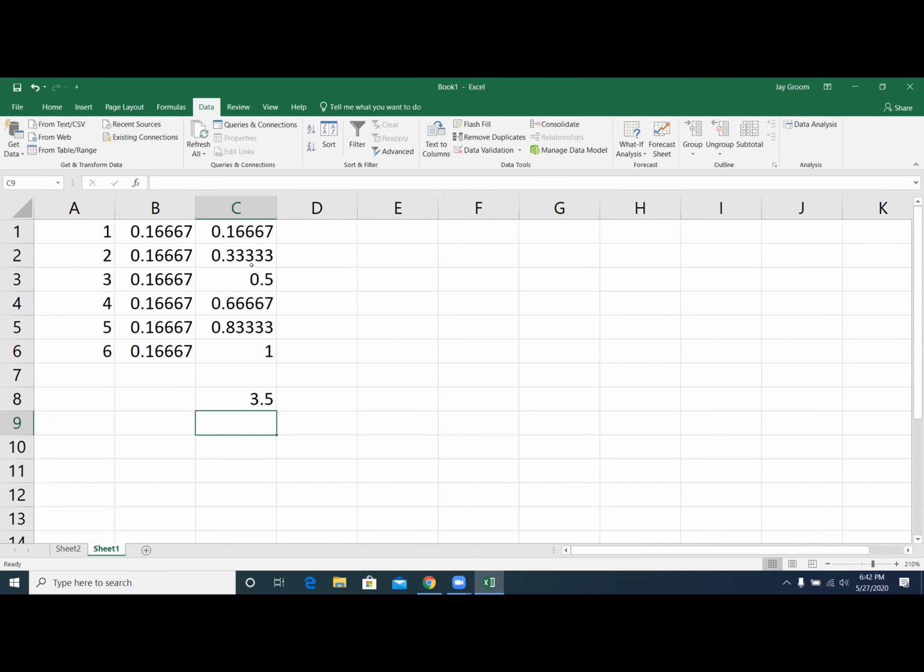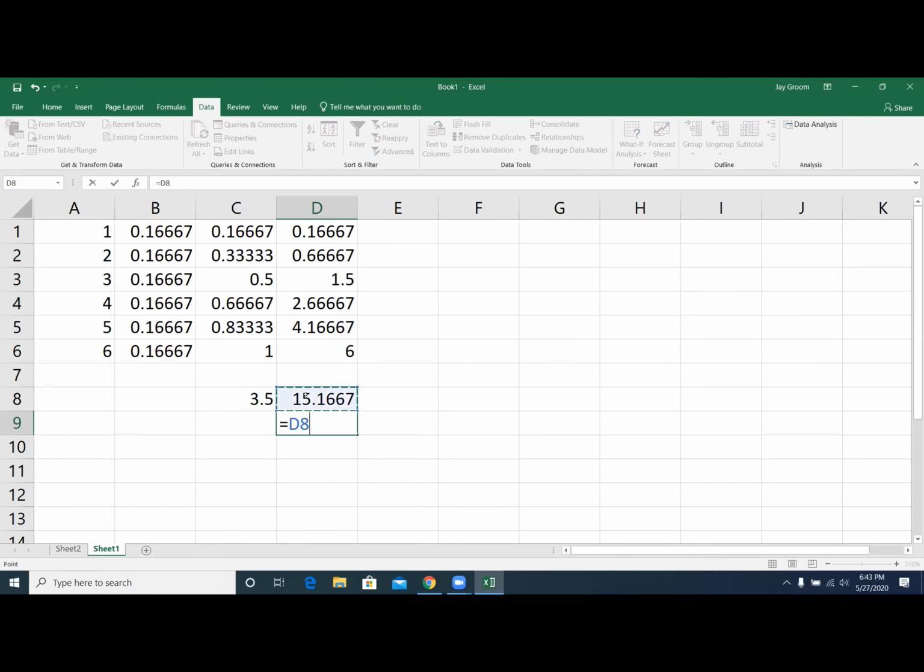Now, to find what it should be, remember, we need the second moment, so that's the sum of X squared times P of X. And then I'm going to take the second moment minus the square of the first.